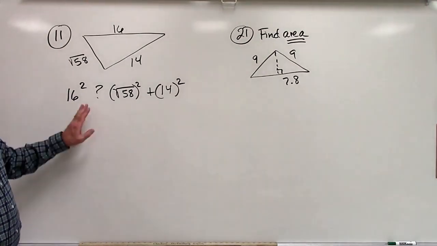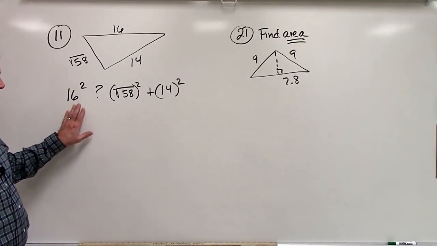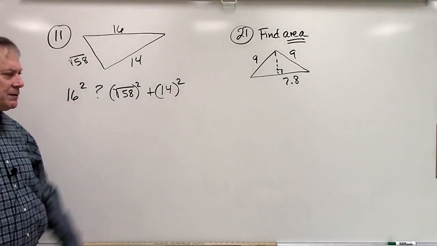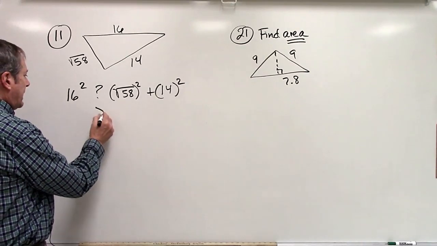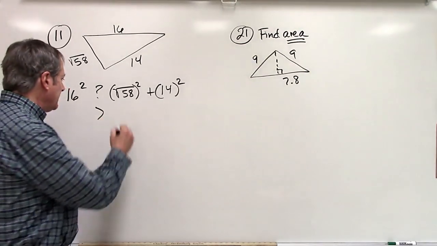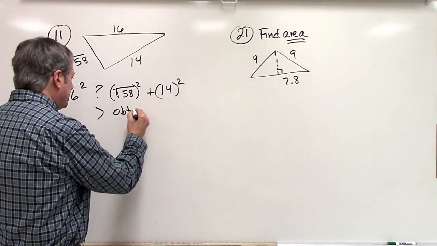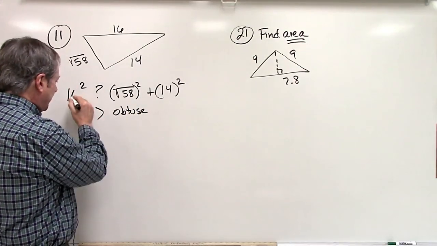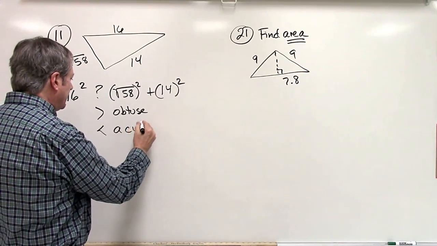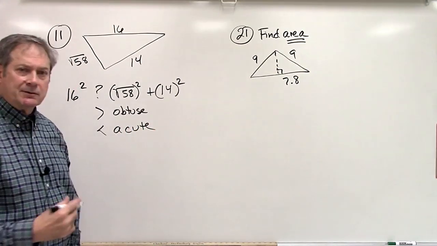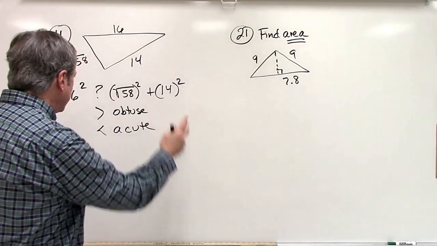Now, if this number squared is equal to these 2 squared, it is a right triangle. If, on the other hand, it's greater than, it's going to be obtuse. Or if this number squared is less than the sum of those, it's going to be acute. And the only way you'll find out is to plug it in.